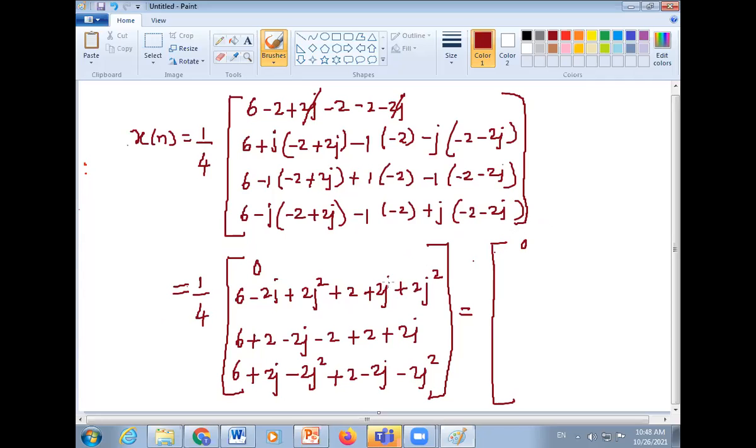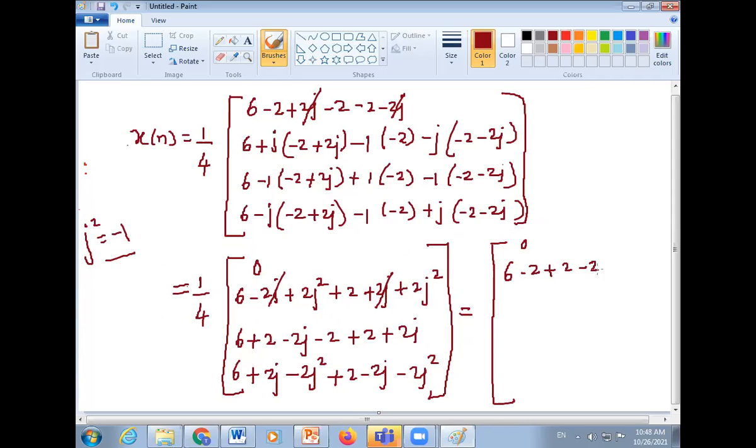0. Now this plus 2j and this minus 2j get cancelled. What happens here now? What is the value of j square? It is -1. Okay, so what does -1 mean now? This 6 minus 2 plus 2, and this, how much is it? Plus 2.